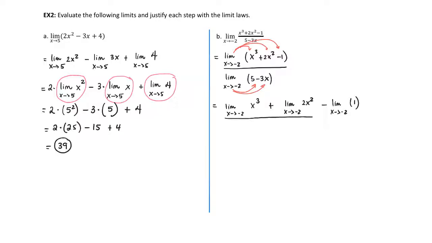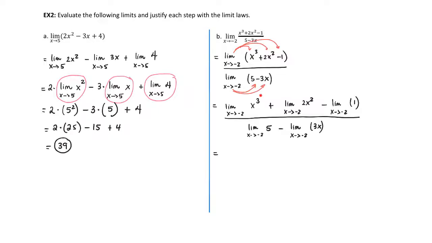All this divided by the limit as x approaches negative 2 of 5 minus the limit as x approaches negative 2 of 3x. So that's what we have. Now let's deal with the coefficients. 2 can come outside, 3 can come outside. Some of these limits we can already evaluate, so we'll try to be efficient that way.